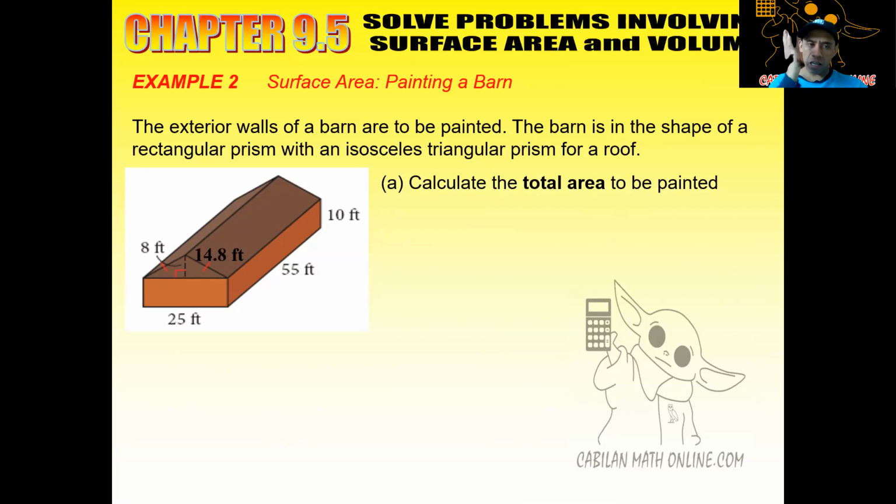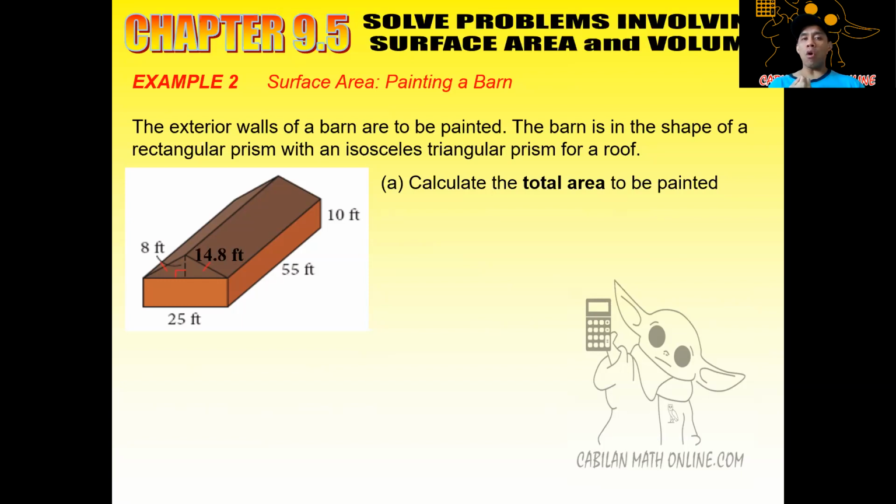Now let's think about this for a moment in terms of what exactly is going to be painted. Starting off at the bottom, it's only saying that we only want to paint the walls. If you're thinking about a rectangular prism in terms of the formulas that you have there, we can't use those, because those formulas assume that all 6 faces are there.